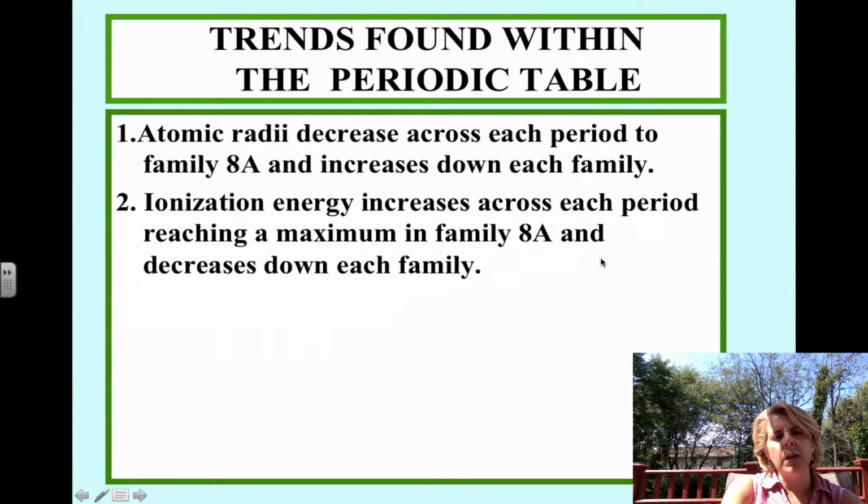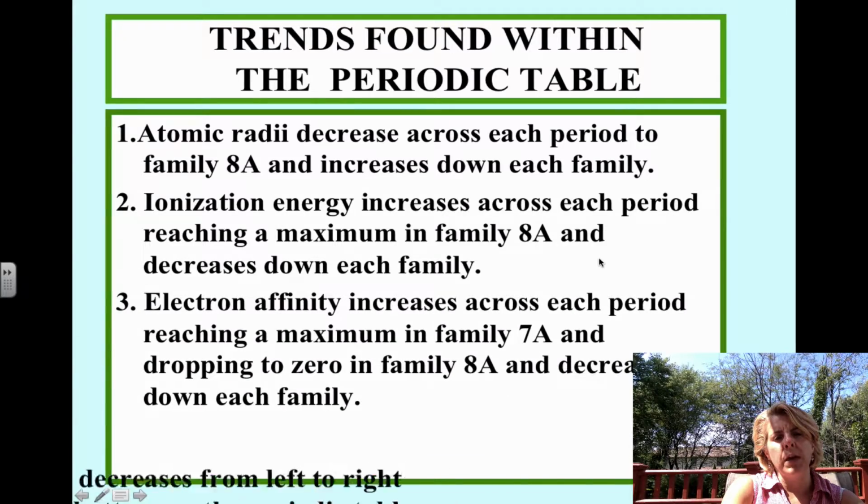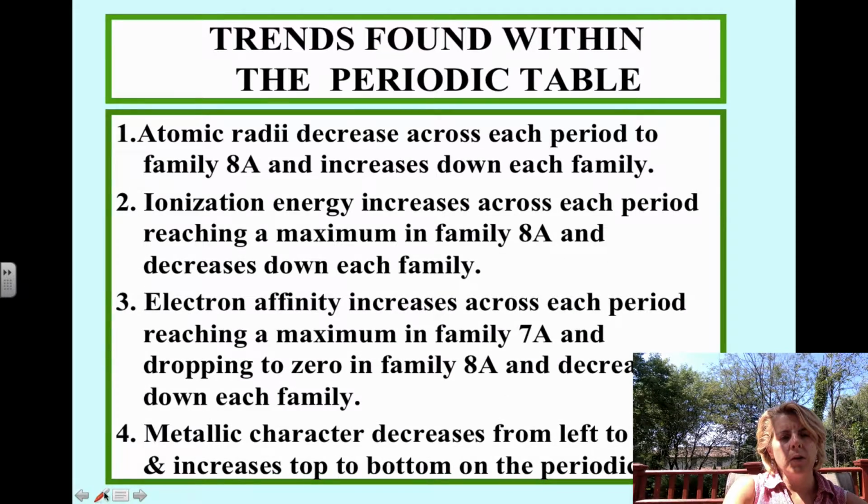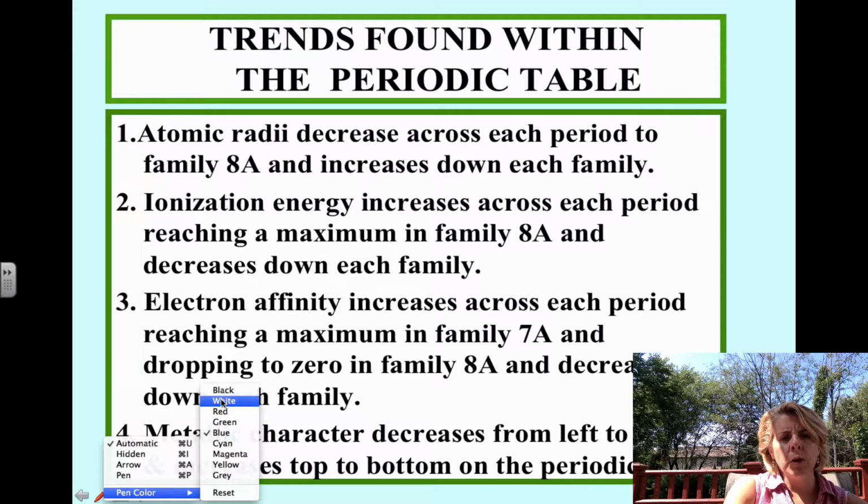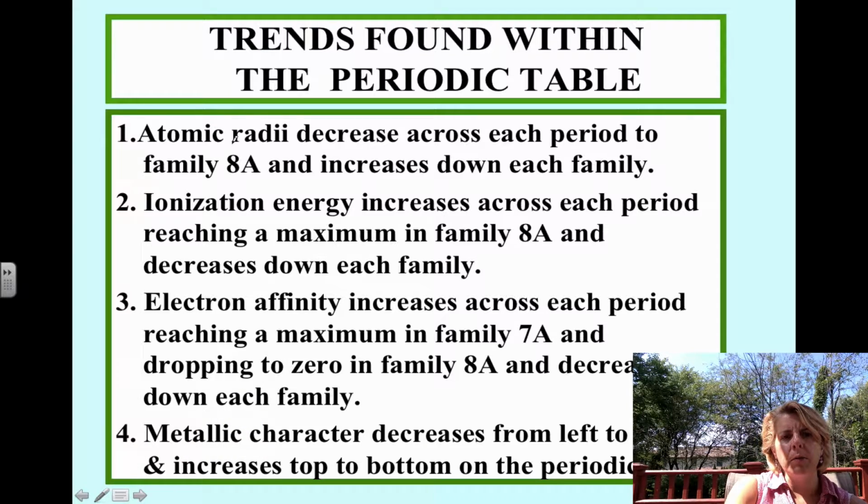Okay, so these are the trends that are found within the periodic table. So notice that when we're looking at atomic radii, it essentially decreases across a period, but it increases down a family. The reason why this happens is as you increase the positive charge of the nucleus, the electrons see a greater positive charge.